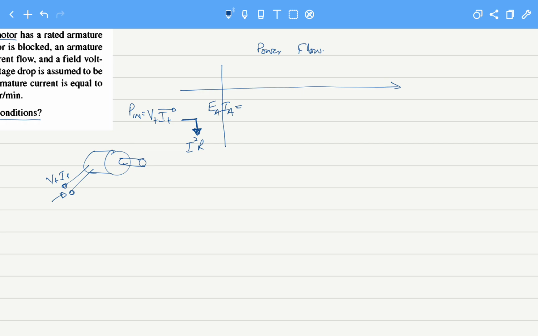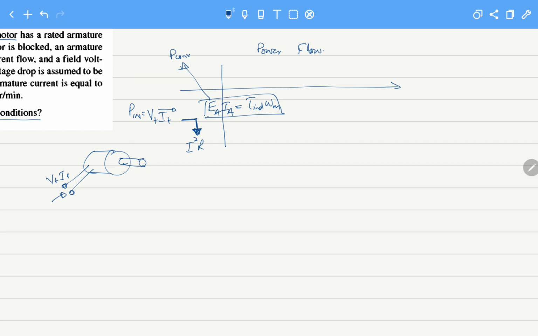This converted power can be represented as induced torque times mechanical speed. So this is known as P converted, the power that is converted from electrical to mechanical.